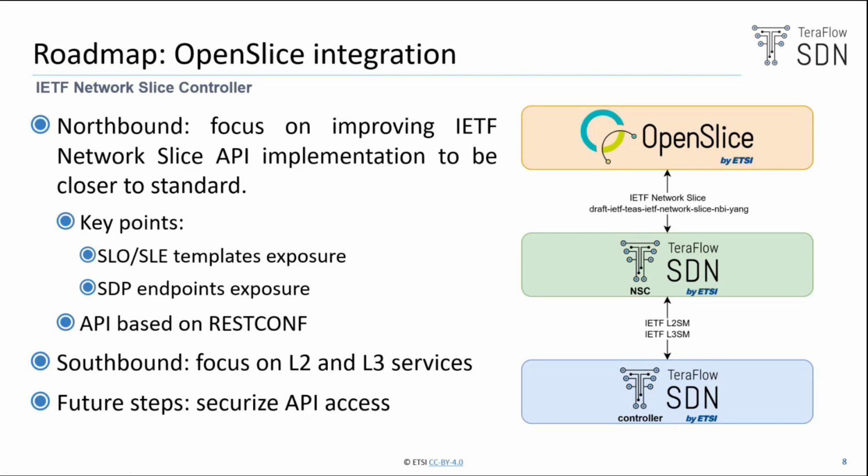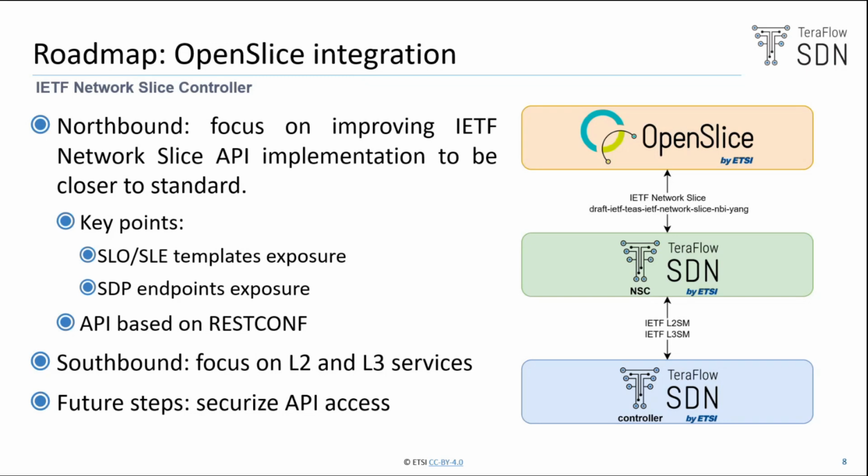The key points are exposing, for the orchestration systems above, in this case OpenSlice, mainly the SLO and SLA templates that define the slice requirements in terms of latency, bandwidth, green SLOs, whatever, and also the exposure of the available SDP endpoints where the slice can be deployed.